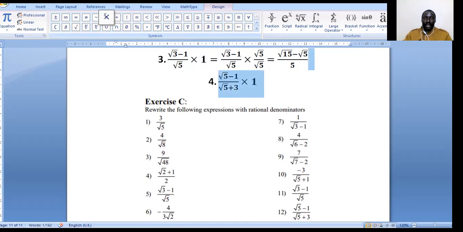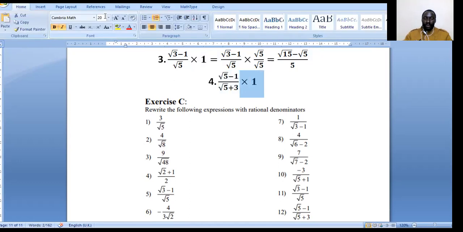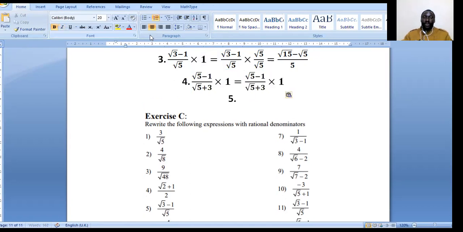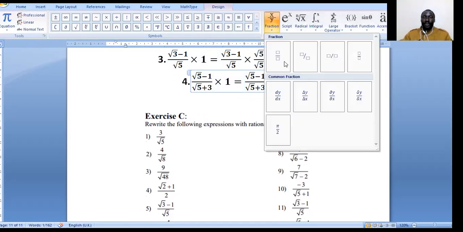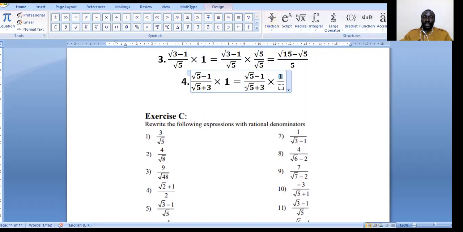And in the second step, the 1 will be replaced by the what? By the denominator. So let's first write it as a fraction like this, so that the denominator is this one here.